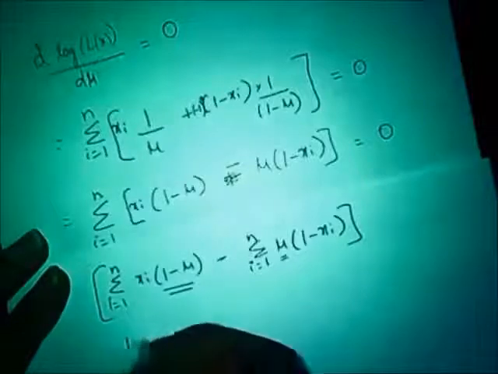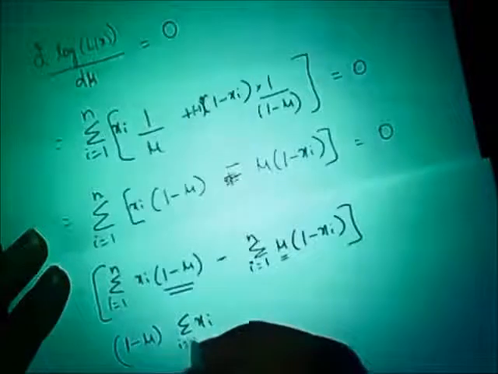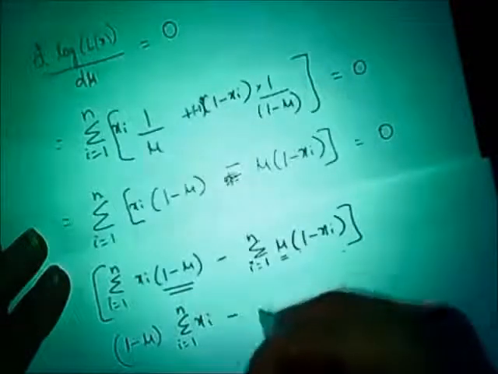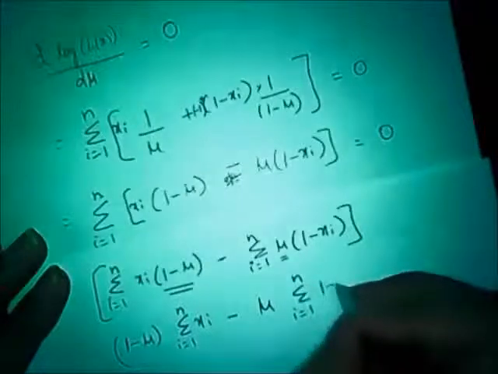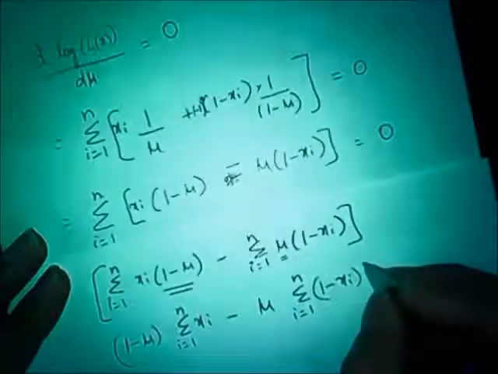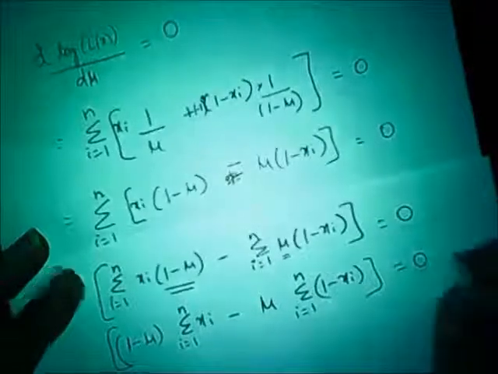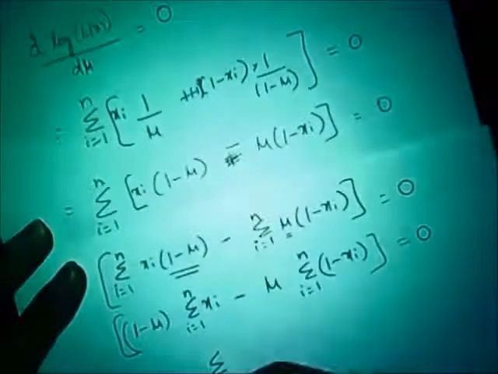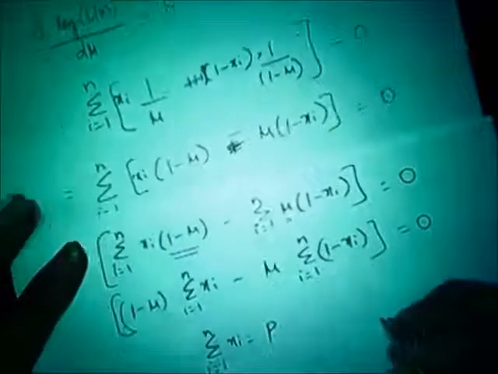So I'm going to get 1 minus mu times sigma xi minus mu times sigma 1 minus xi, and this is equal to 0. So let us call sigma xi as p.